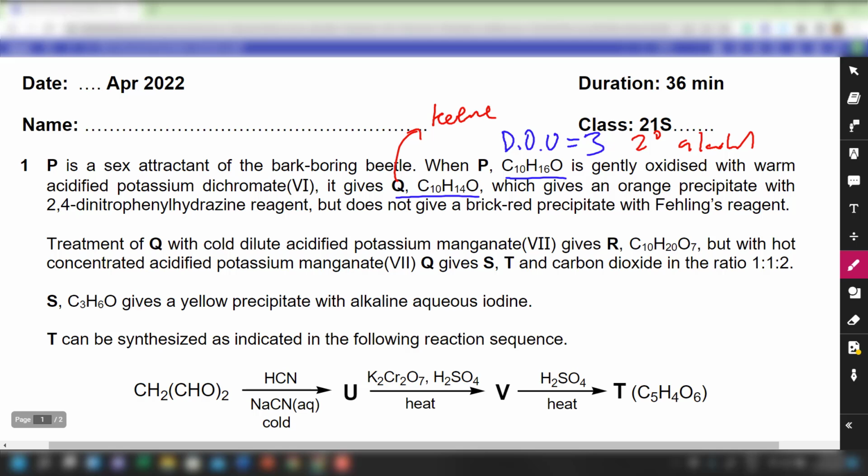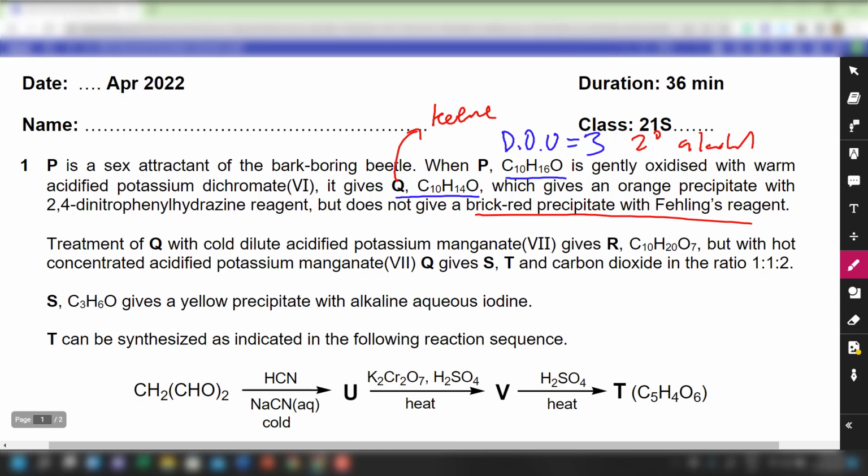You were told that upon oxidation you get Q, and that Q gives an orange precipitate with 2,4-dinitrophenylhydrazine but does not give a brick red precipitate with Fehling's reagent. So from here you can conclude that Q is a ketone. If Q is a ketone, then P has to be a secondary alcohol.